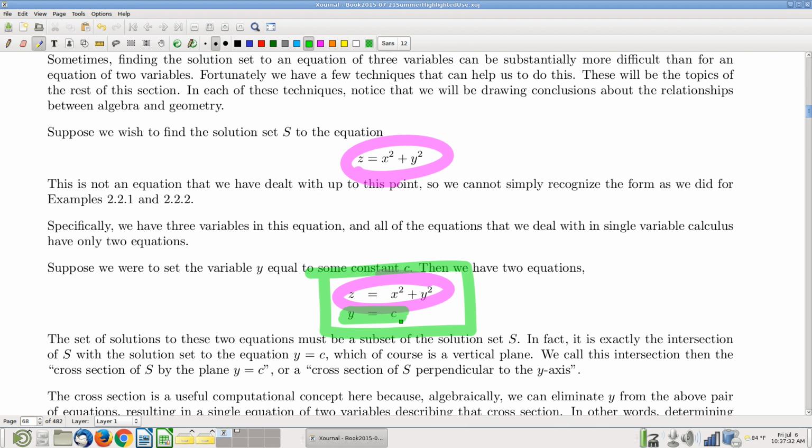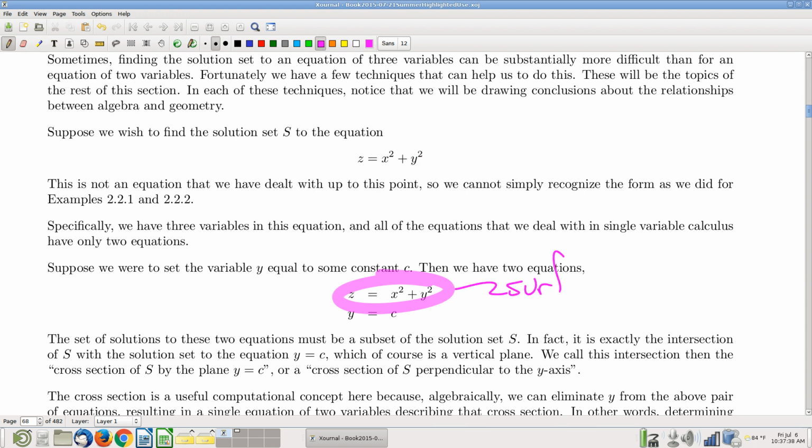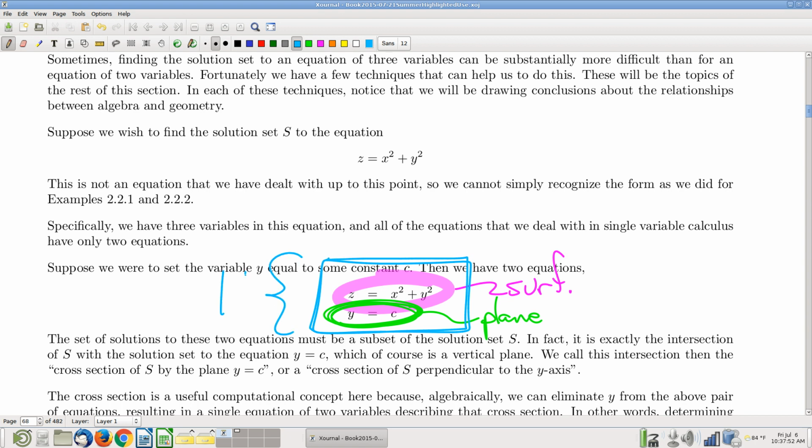Well, this is some sort of surface that I'm trying to figure out, and this is a plane. If I insist that both of these equations be true, I'm going to get the collection of points that are on both the surface and the plane.